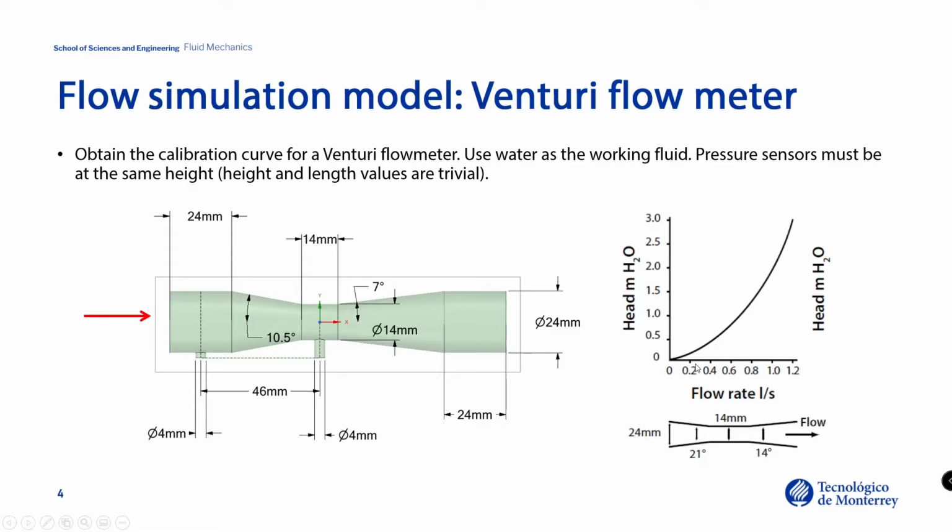We need to specify different inlet velocities for the water, or different flow rates, and we will obtain a different value for the pressure drop in every case. So if we give 5 different values for the flow rate, we will obtain 5 different points in this curve. To do this comparison, we need to do a parametric sweep.